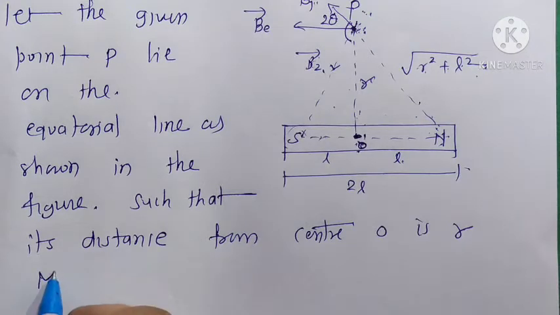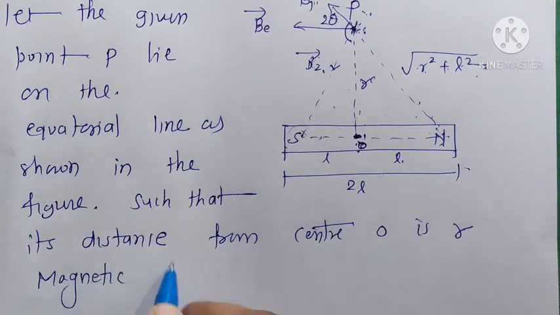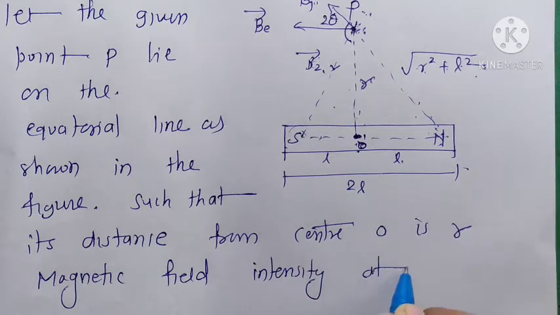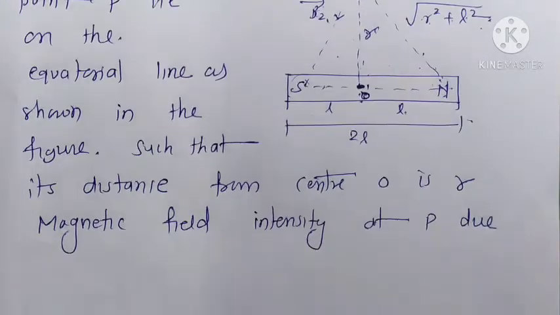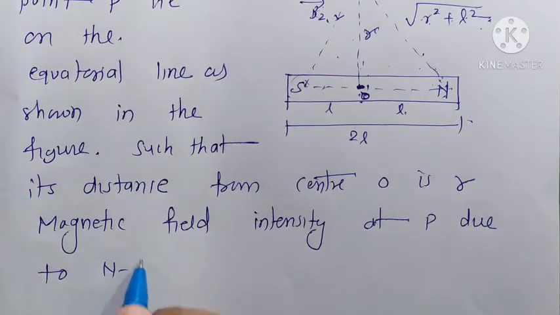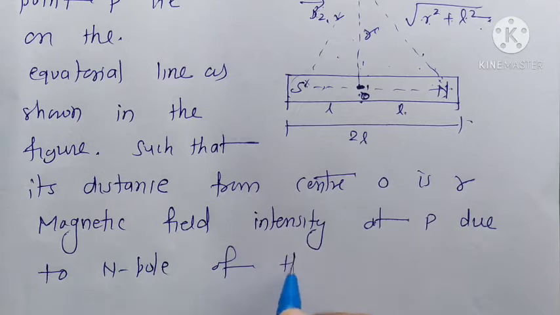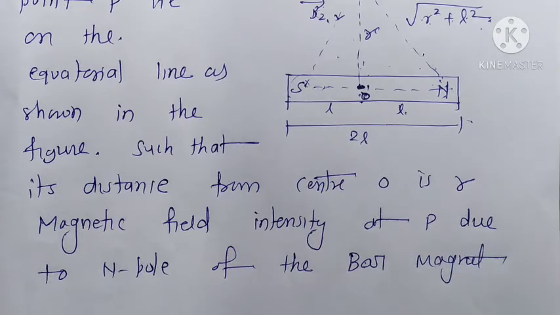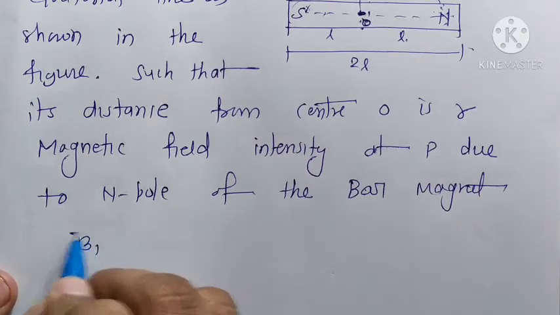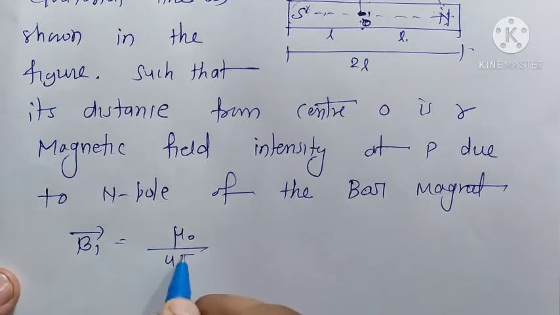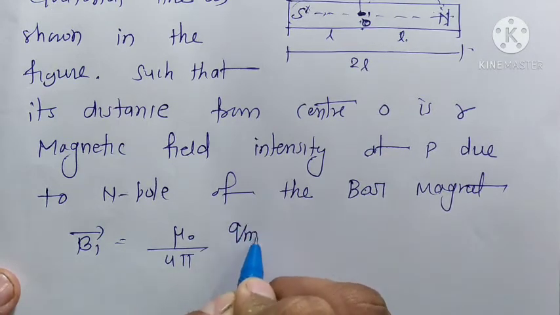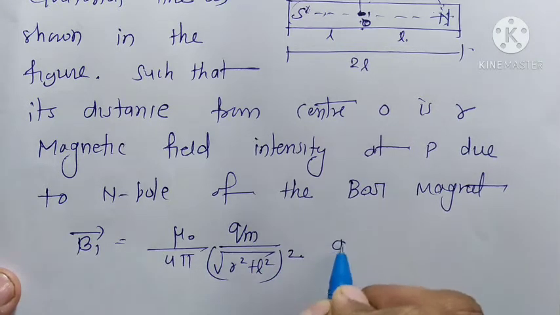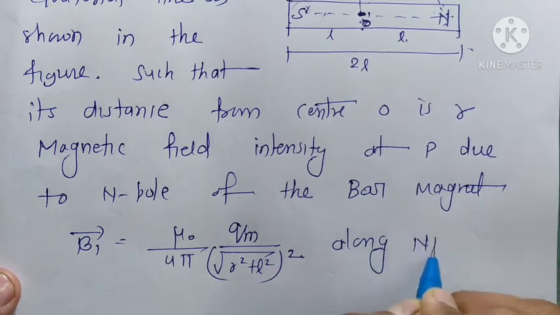So the magnetic field intensity at point P due to the north pole of the bar magnet, B1, is equal to mu naught by 4 pi, qm by (R square plus L square) whole square, along NP.